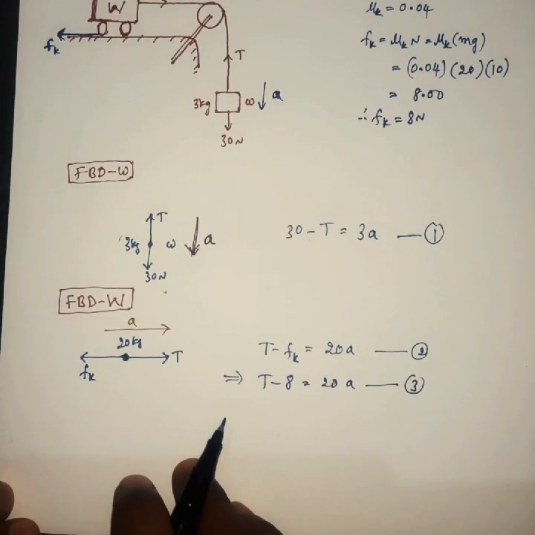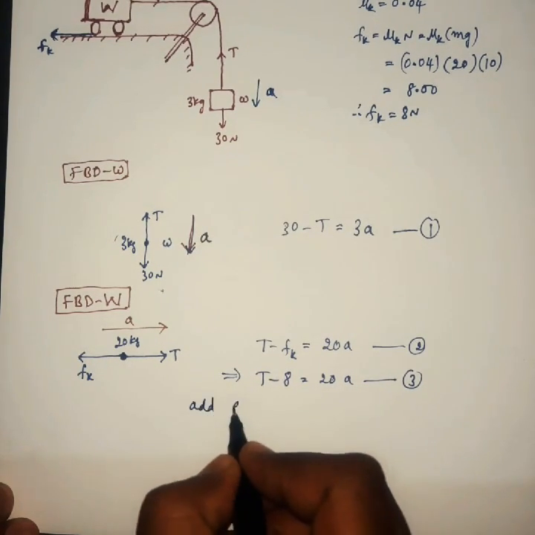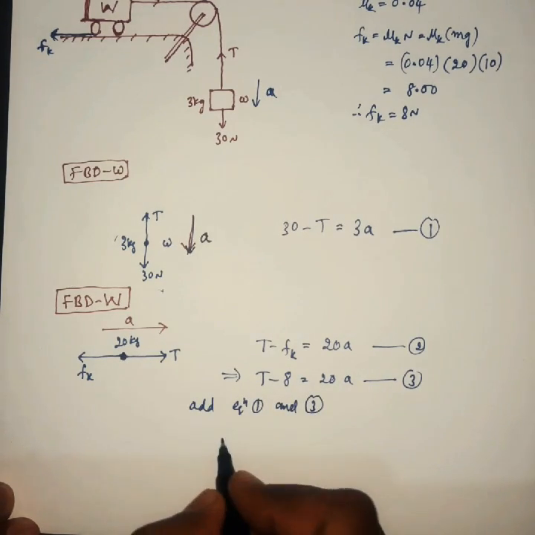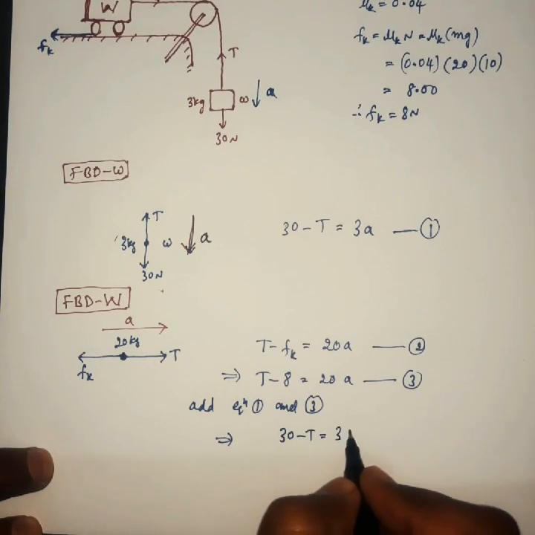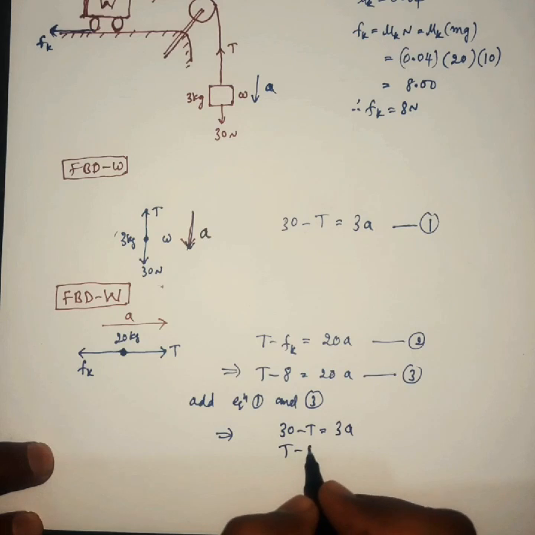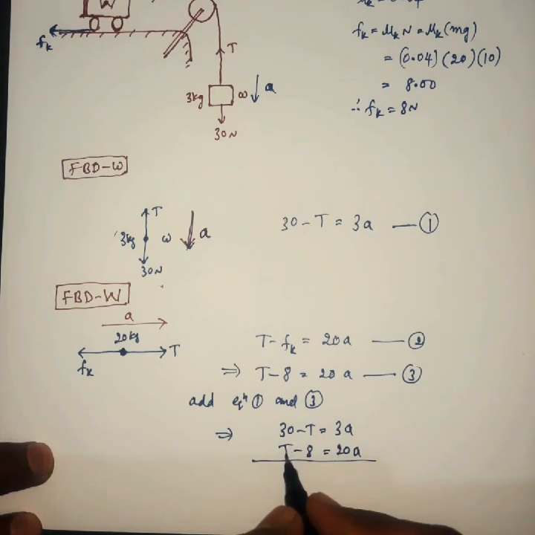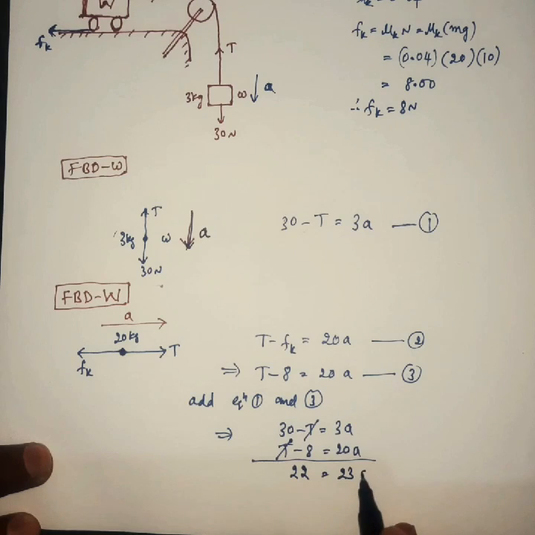So here I am adding equation 1 and 3. So what do we get? 30 minus T is equal to 3a, and T minus 8 is equal to 20a. Adding, plus T minus T cancel. 30 minus 8 is 22, and 20 plus 3 is 23a.